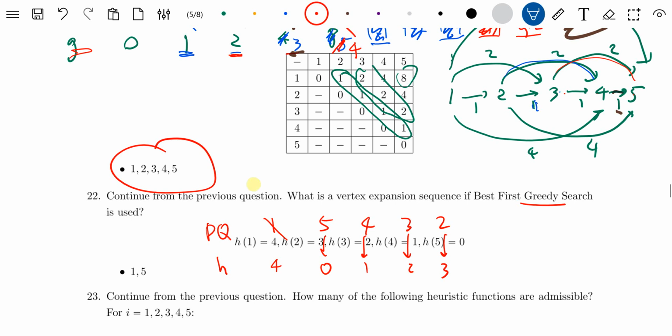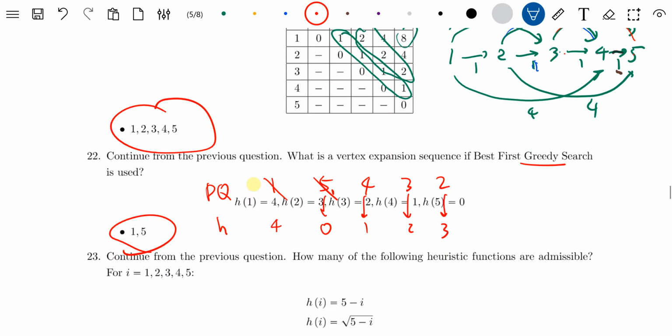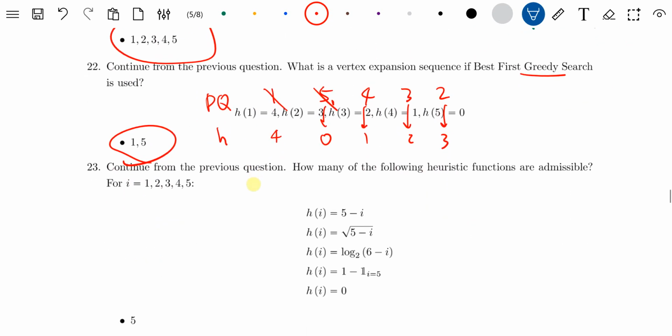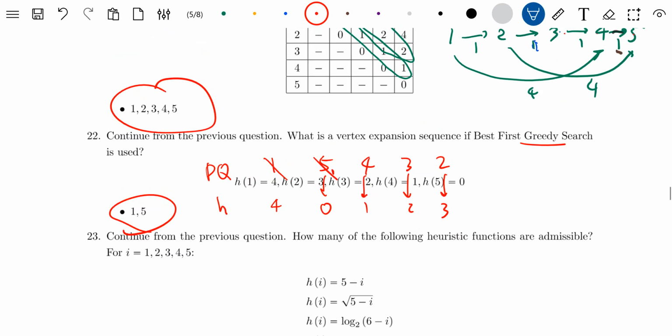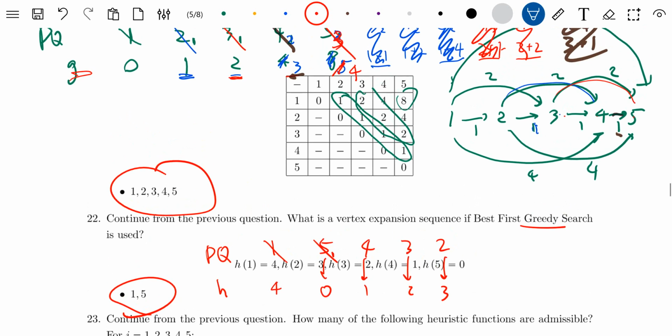So now the next thing we pop is 5, and then we pop the goal state. So we're done. So it's 1 and 5, and 5 is actually from 1, so we're actually getting the wrong answer. So it's okay. It's just asking for the greedy search expansion sequence. So it's 1, 5.